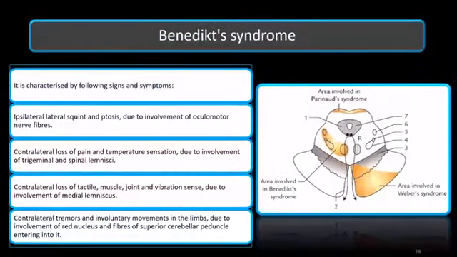Benedict syndrome is characterized by some of these following signs and symptoms. There will be ipsilateral squint and ptosis. Of course, we know this is as a result of the involvement of oculomotor nerve fiber.